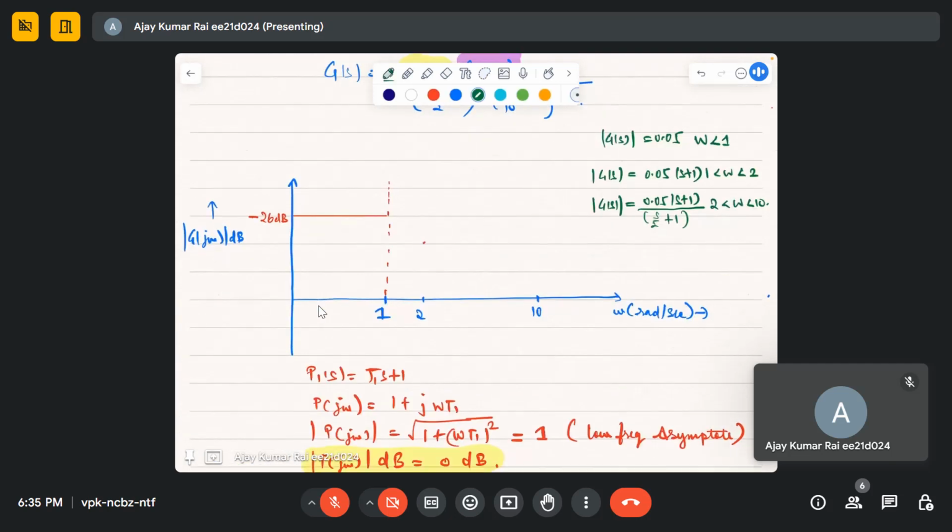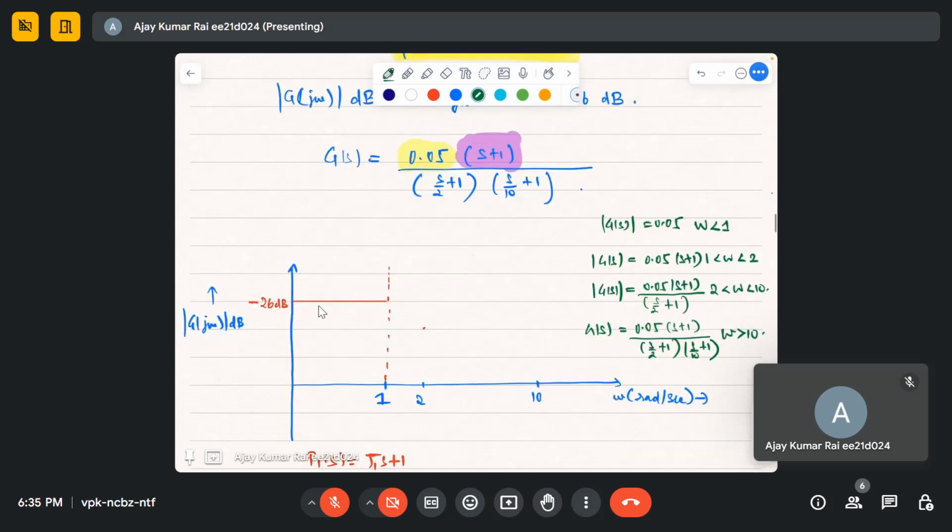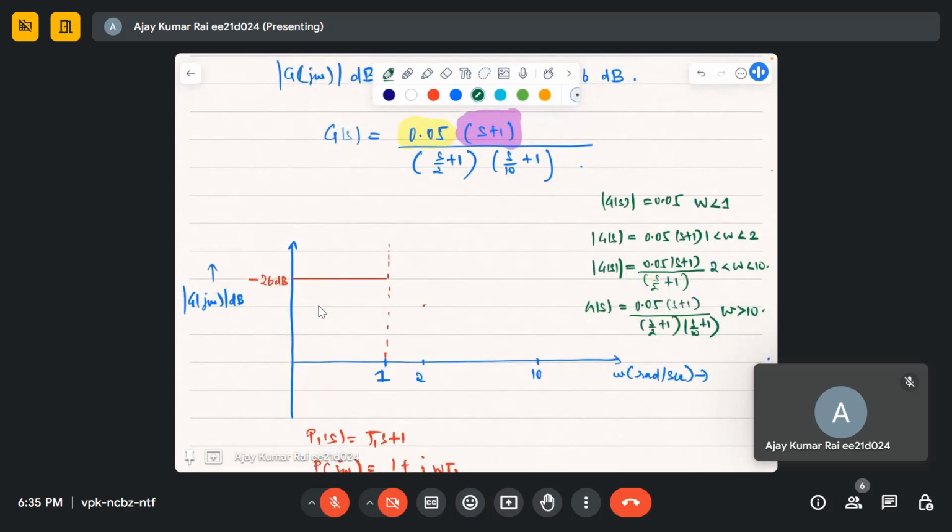And when frequency is greater than 10, all the components will contribute. So there are 4 regions, right? 1, 2, 3 and 4.